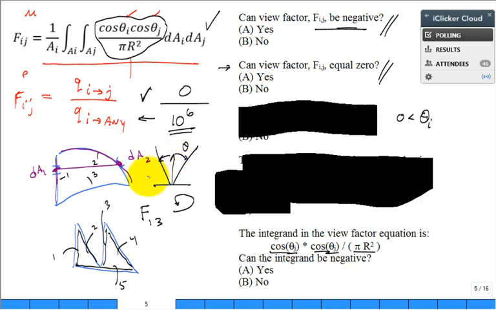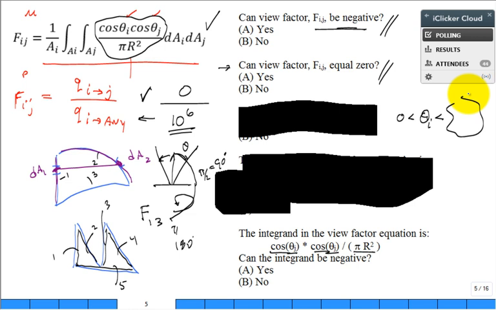Okay, now, if the minimum value of theta is 0, what is the maximum value of theta? Can theta go to pi over 2, which is 90 degrees, or can it continue to go to pi, which is 180 degrees? What is the upper limit on theta? It's 90 degrees. It's pi over 2.